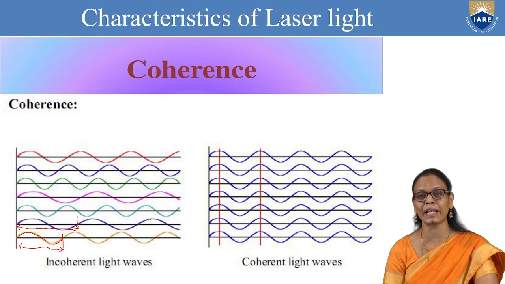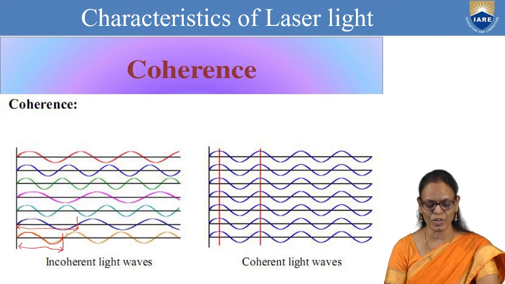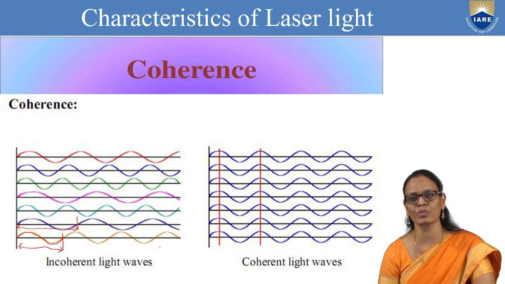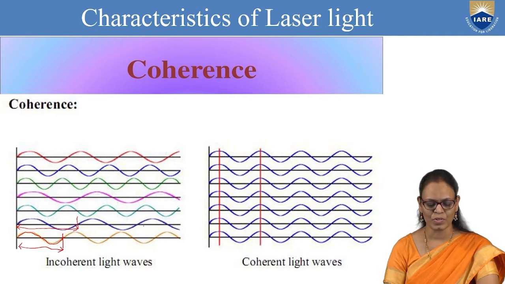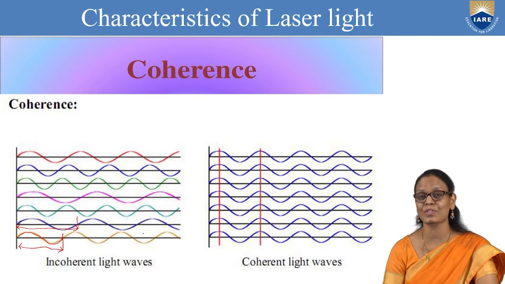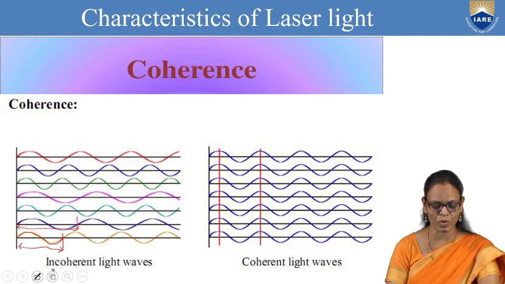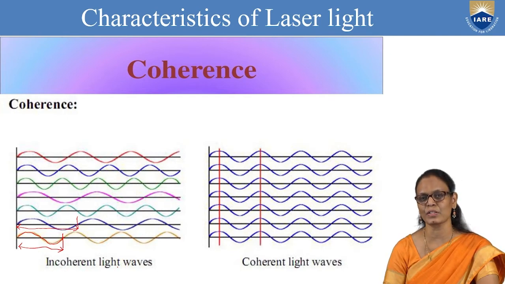In the second one we have 3 crests and 3 troughs, whereas in the first one we have 4 crests and 4 troughs, meaning the frequency is also different. So these waves are not coherent. We call them incoherent light waves.